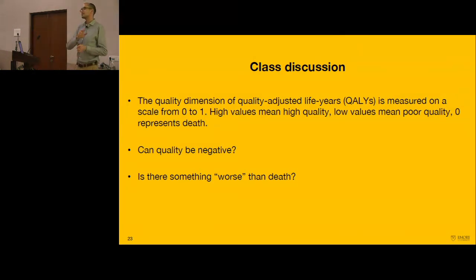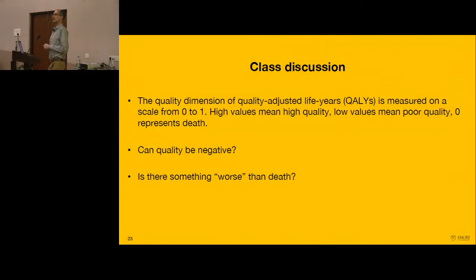That's a spillover effect. Now we're talking about the particular person. Do they feel any pain? Death has no pain. If he or she wants death more than the state he or she is in, that means the current state in which the person is in has a negative quality.